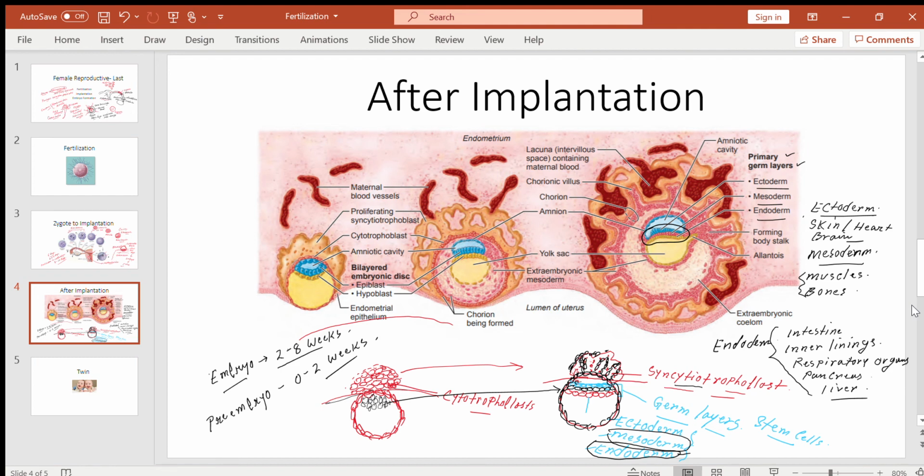These are called chorionic villi. Finger-like structures, like intestinal villi. Similarly, chorionic villi.